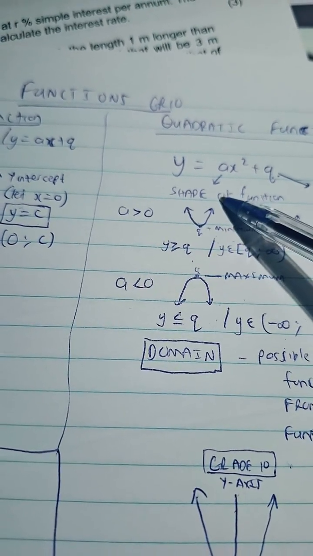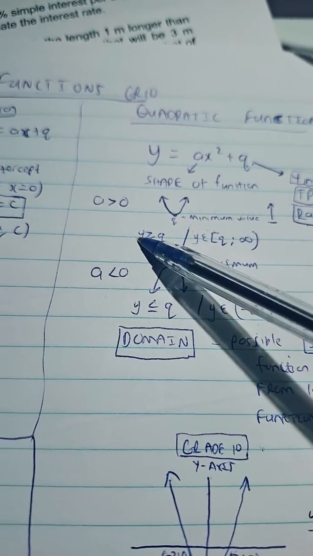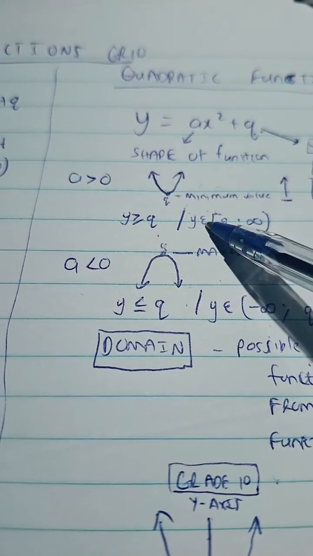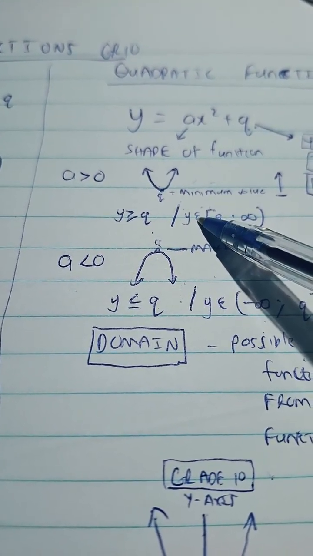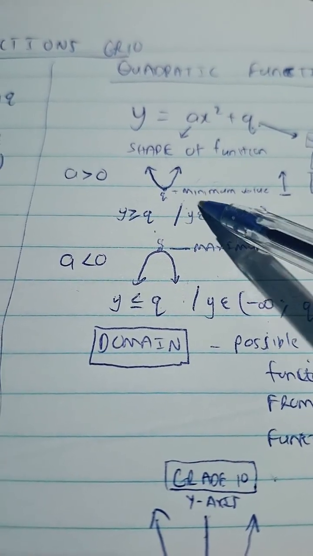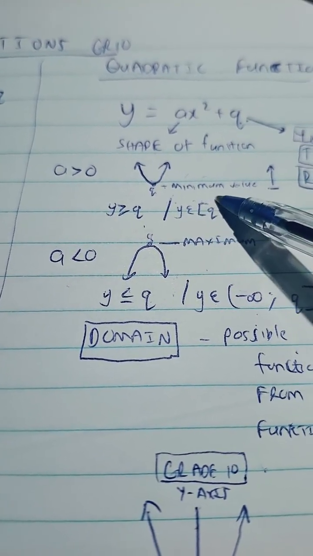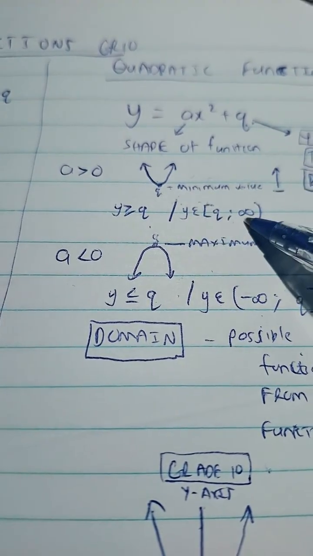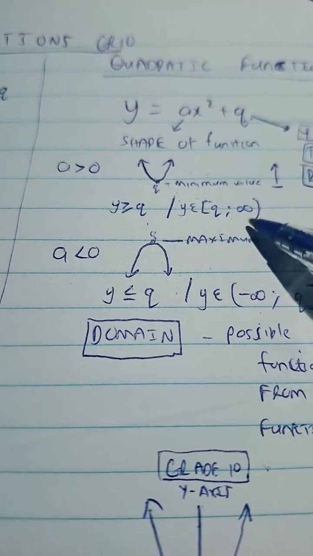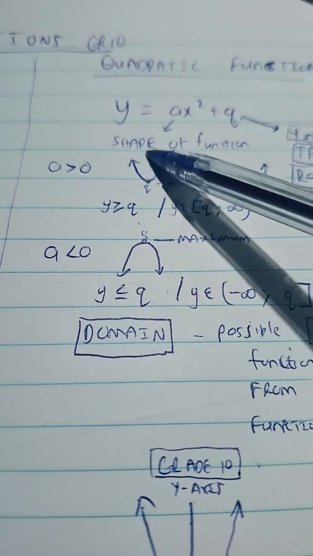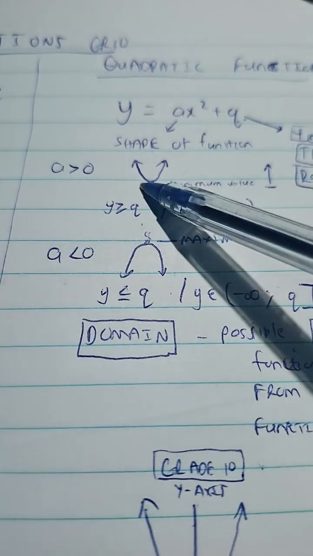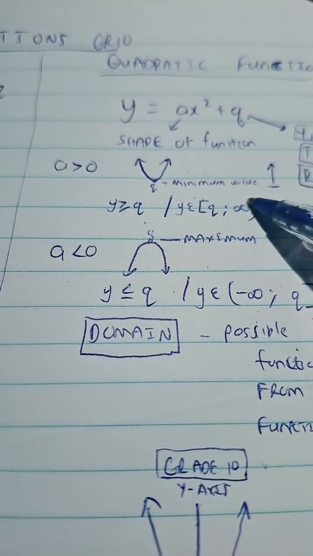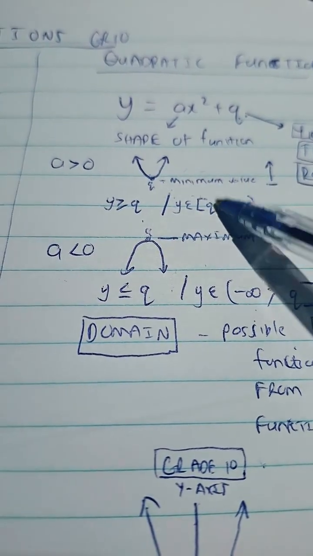Or we could write our range in interval notation and say y is an element of [q, infinity). In other words, the function exists for y from q, meaning from the minimum, all the way up to the top, endlessly. Infinity means forever and ever above q. The function will exist forever and ever above the q value.